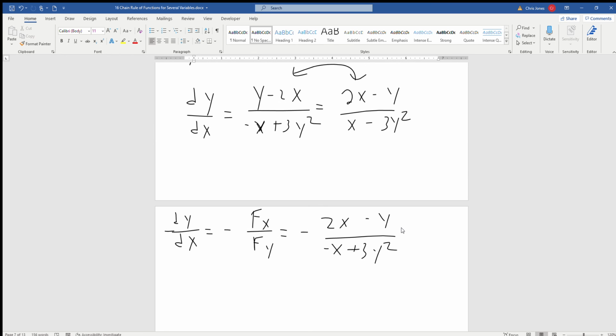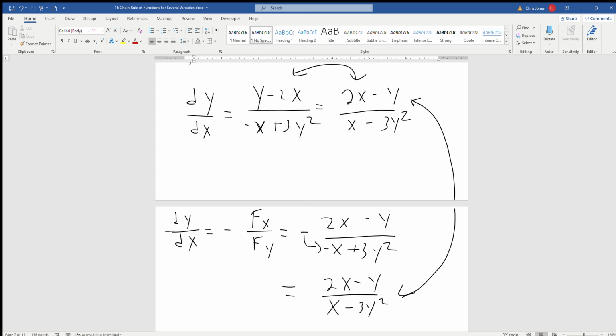And if we multiply the numerator and denominator by negative 1, then we would get 2x minus y over x minus 3y squared. And that's exactly the same solution.